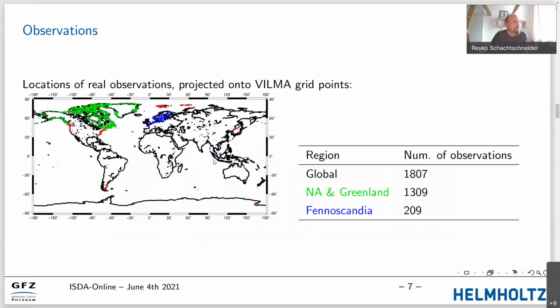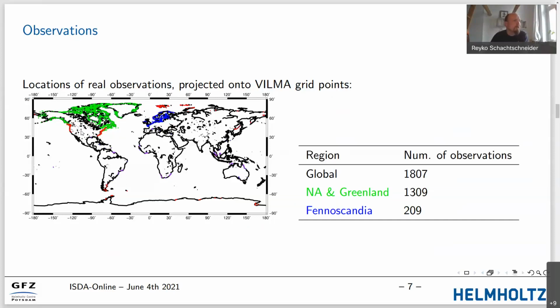Okay, this is shown here. Here's the distribution of real observations, and they were projected onto VILMA grid points. In the global data set, there are 1,807 observation points. There are two subsets marked here in green and blue.